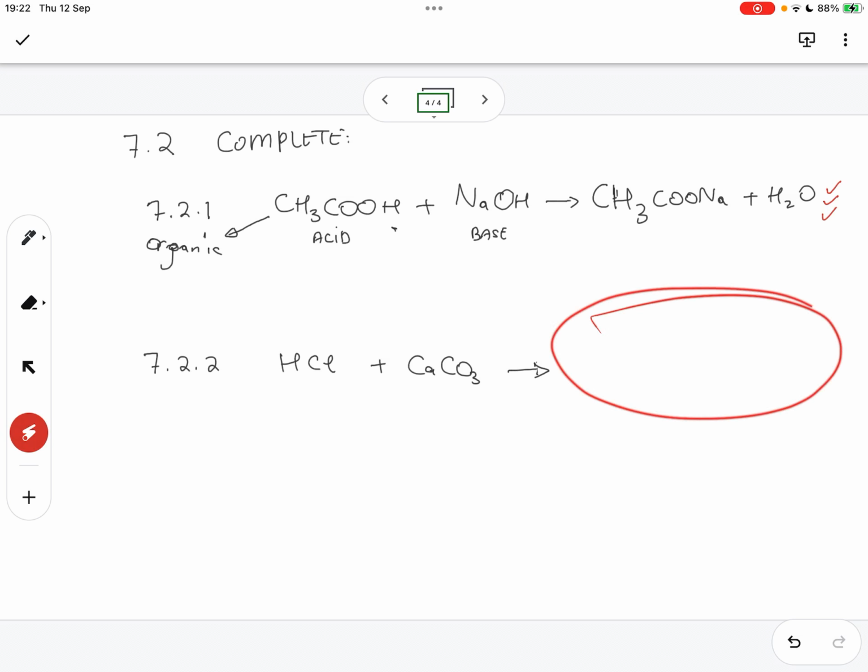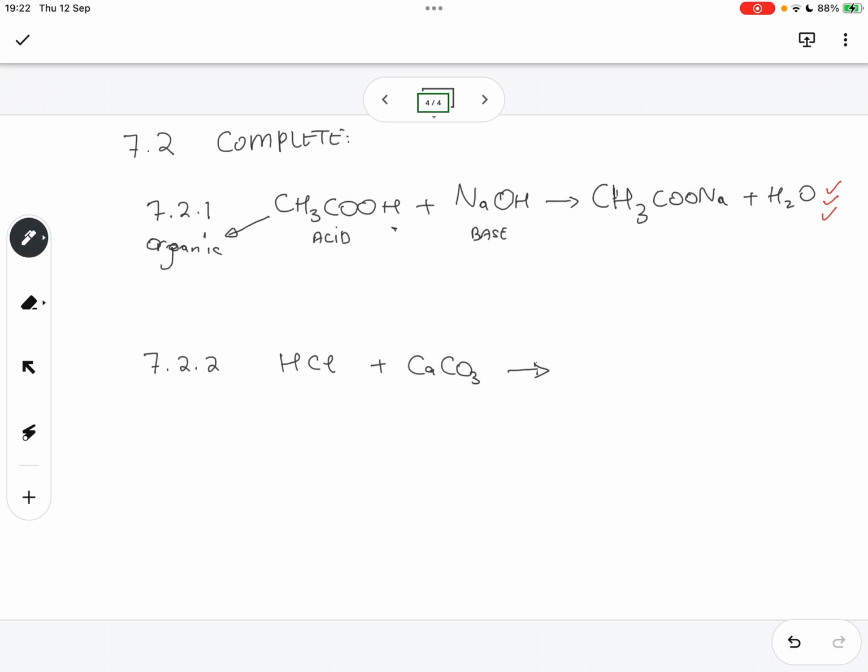What we will get on this side. What we will get this side. What will it be? Let's start there.